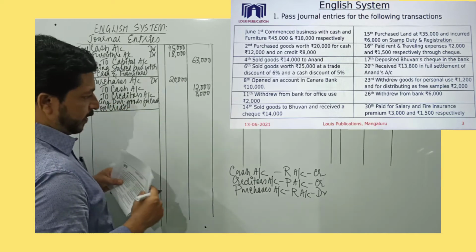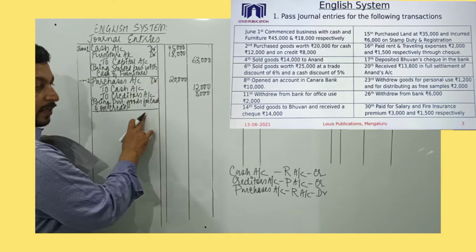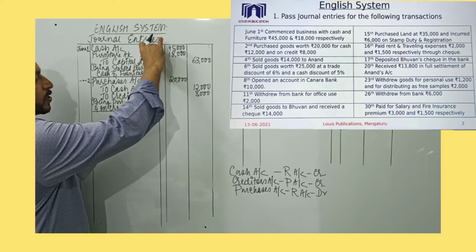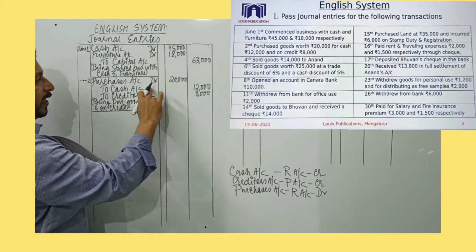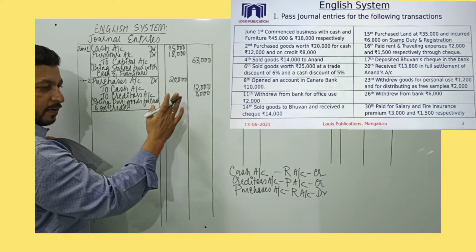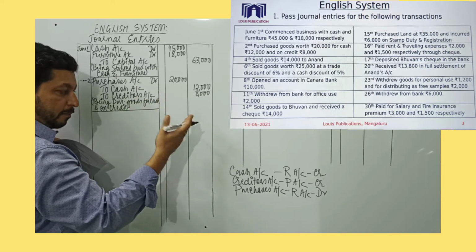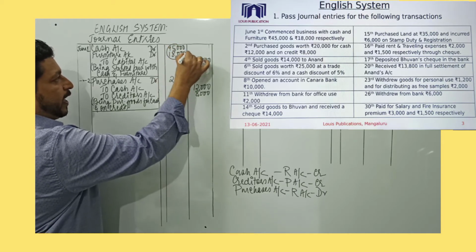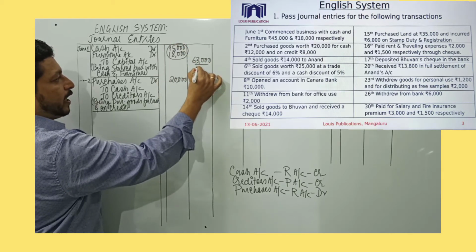If you look at these two journal entries, in this entry you find two accounts debited. In this particular entry you find two accounts credited. So it can be any number, but remember, for every debit there is a corresponding and equal credit.